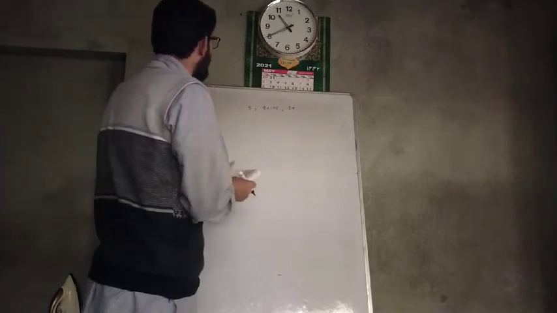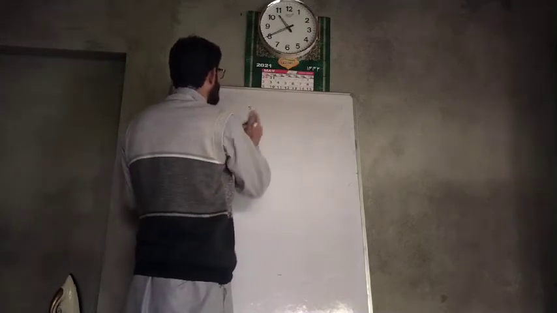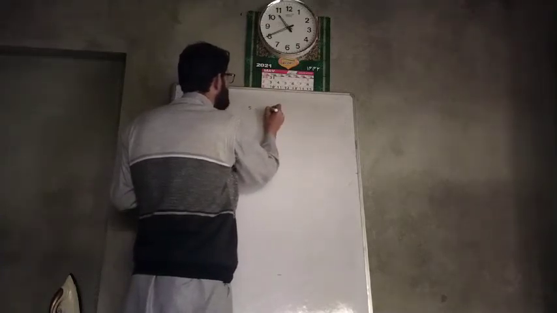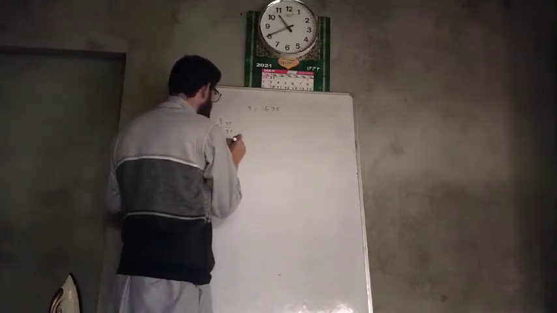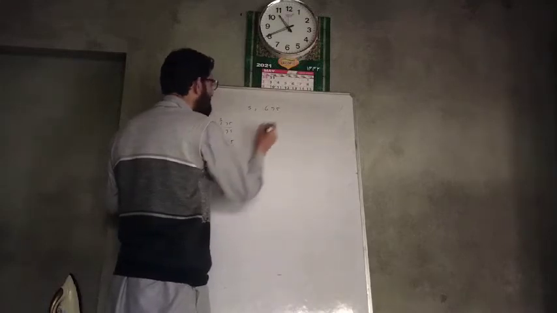Yes. Now for the first week, this will give 5, and for the second week 5 plus 1.75, it will be 6.75. Again you will add 1.75 to 6.75. This is 8.50.